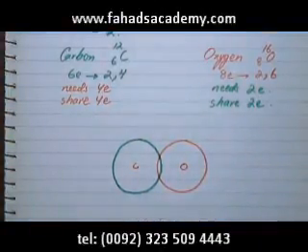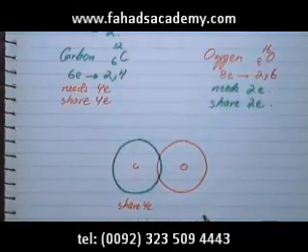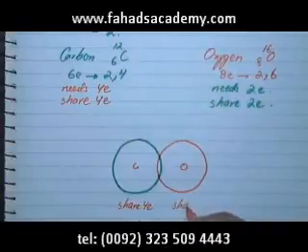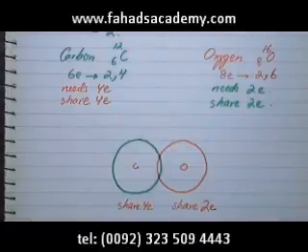Now carbon needs to share, let's write this down, 4 electrons, and oxygen needs to share a total of 2 electrons. And what we just studied before this lecture is that atoms are going to share electrons equally. So it can't be possible that carbon would be sharing 4 electrons and oxygen would be sharing 2 electrons.